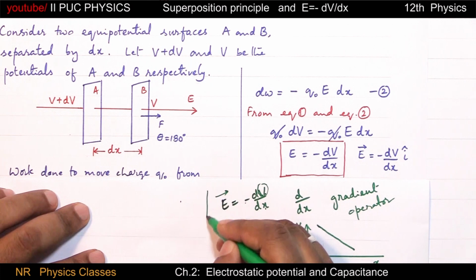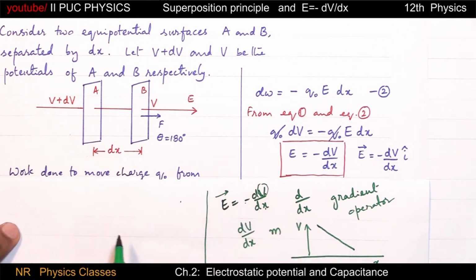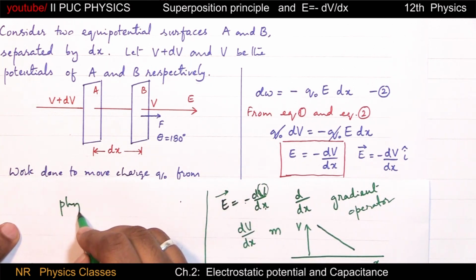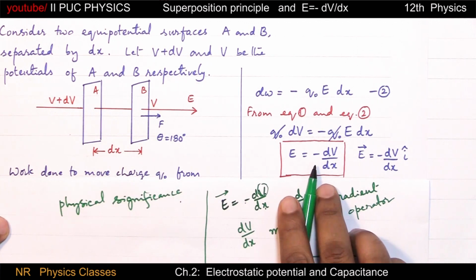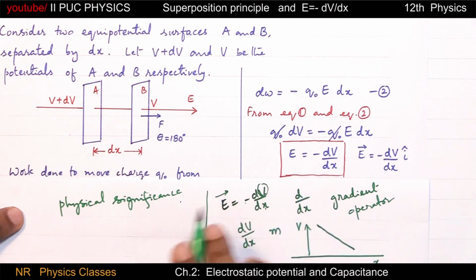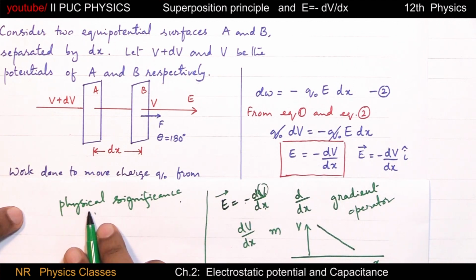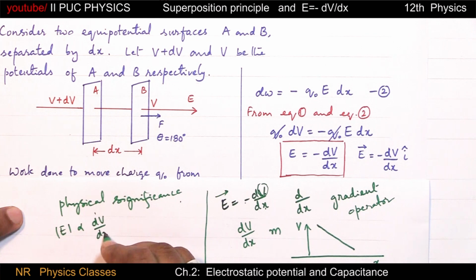Okay. Now, what is the physical significance? Whenever we get an equation, we should also think from this point of view, which is called physical significance. The magnitude of electric field is proportional to dV by dx, the magnitude of change in potential with respect to distance.